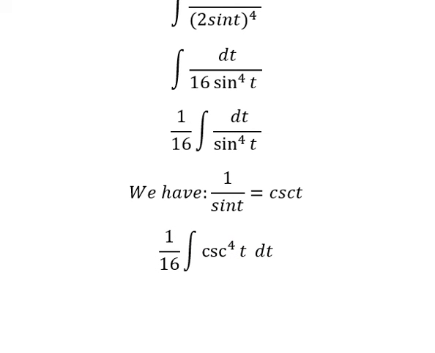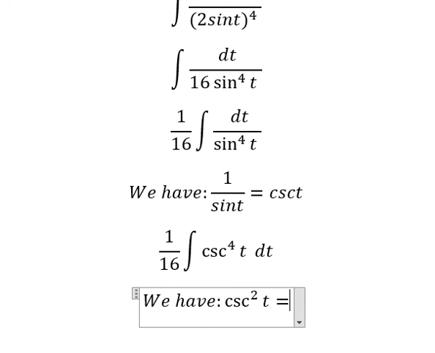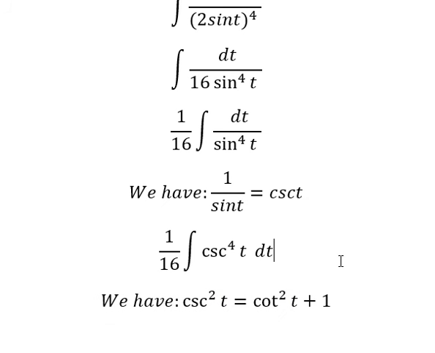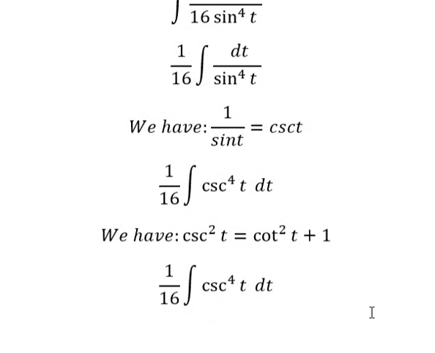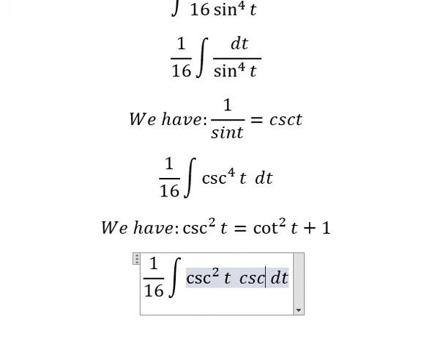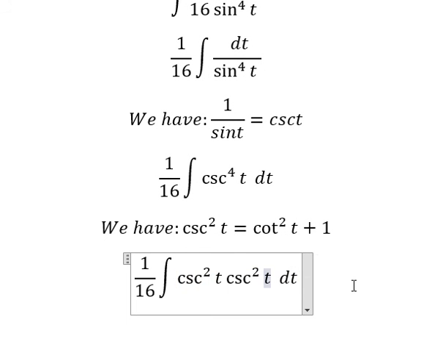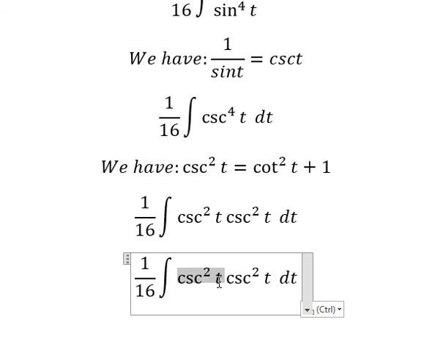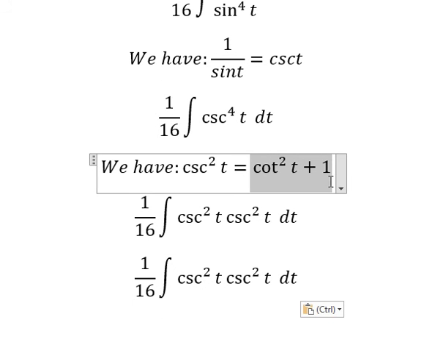Next, we have the second formula in here. That is cosine t square plus 1. So this one we have cosecant of t square and cosecant of t square. And now we need to change this one into this one.